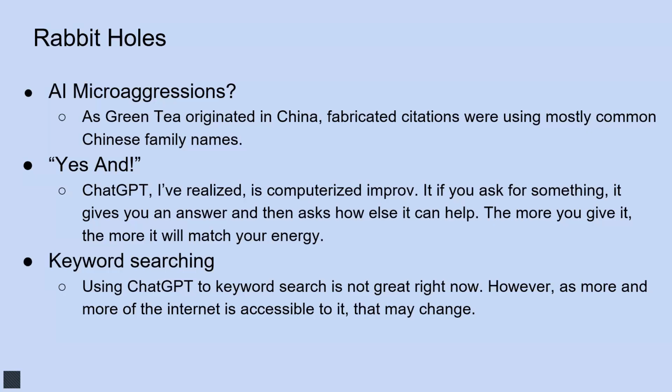My next one was that I realized, to my growing horror, that ChatGPT is essentially computerized improv. It will yes-and you until you're happy with the result, and then match your energy. And finally, I also realized that the way I had phrased some of the methodology was that it was treating it like a keyword search, which means that other people are using it like a keyword search.